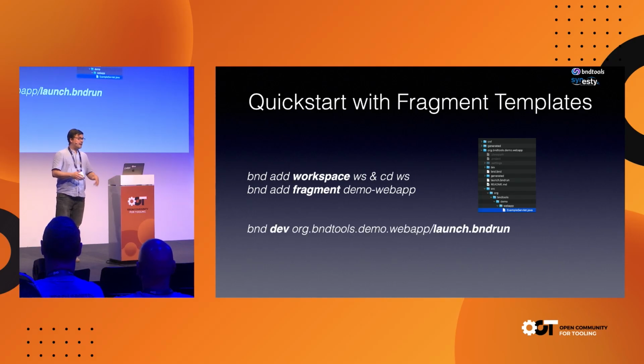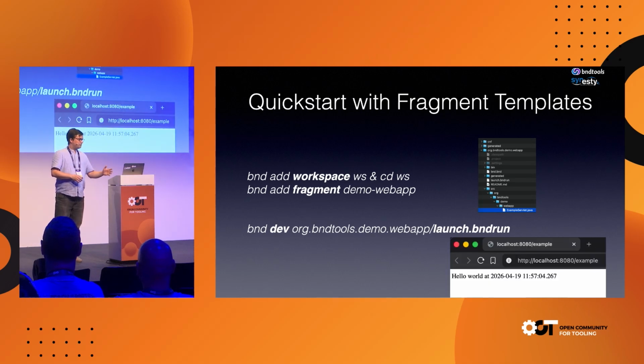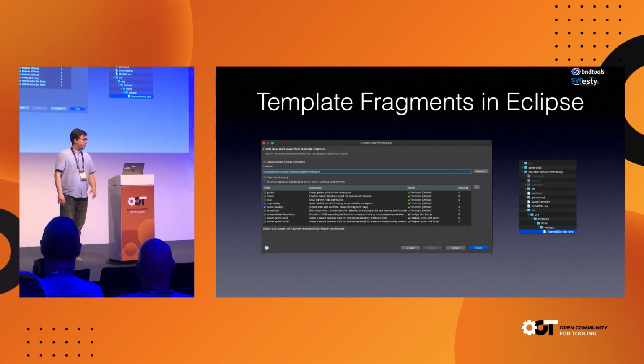And then the new thing is an experimental feature we call the dev server. You can say BND dev, point it to a BND run file, and it starts up a server with the running web application, and you can go to any editor, make Java changes, it automatically recompiles, reinstalls, and so yeah, it gets you started very quickly to play around with anything OSGi related.